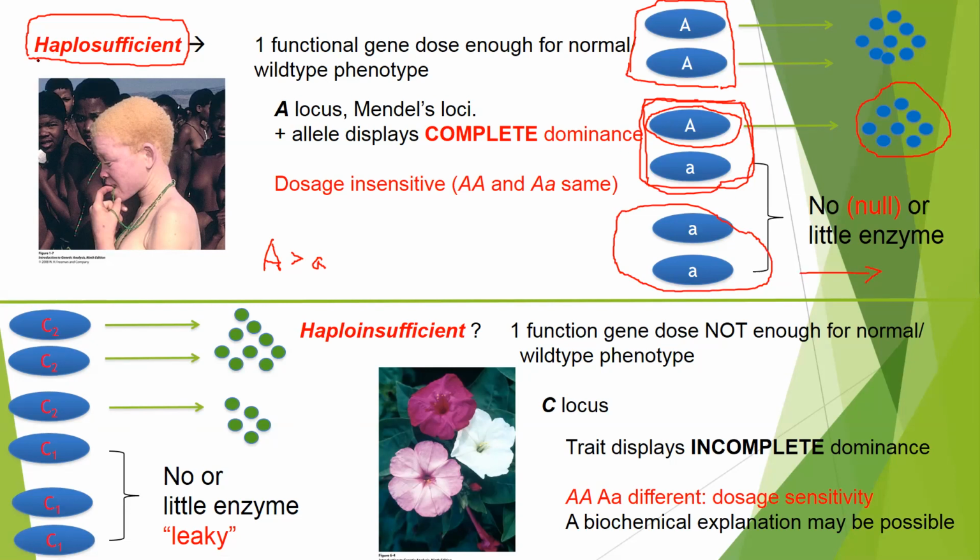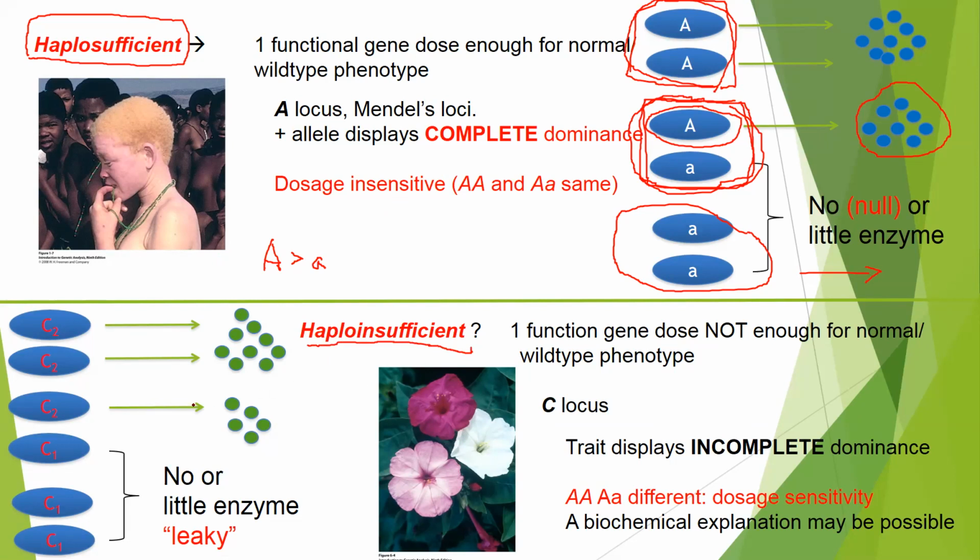So haplosufficient means the homozygous wild type, homozygous dominant alleles, will have the same phenotype as the heterozygous. All right, now it's easy for us to understand haploinsufficient, right?